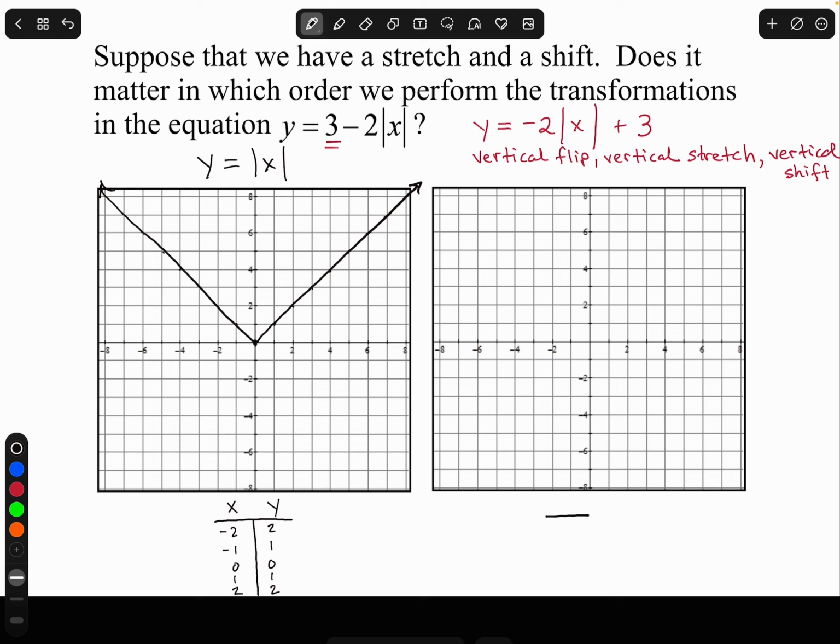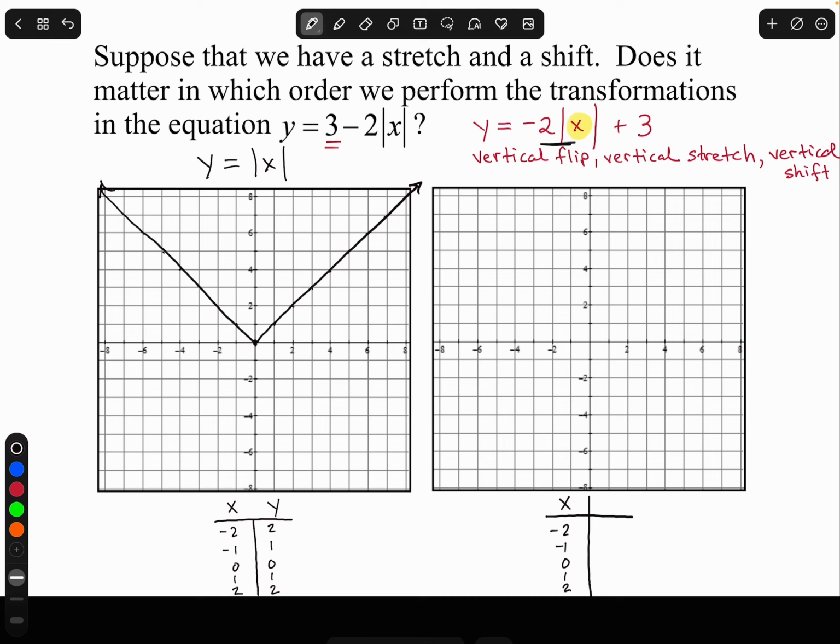So when we build our transformed table, nothing is happening to x here, because we had no horizontal transformations with that x. So we're going to leave our x values as negative 2, negative 1, 0, 1, and 2. But when we deal with our y's, we want to make sure we perform this using the order of operations.